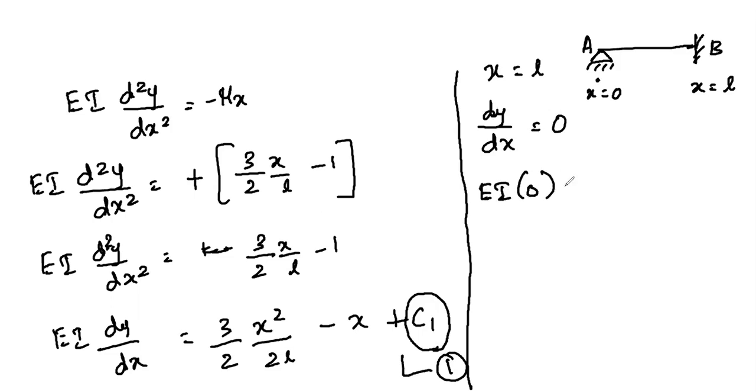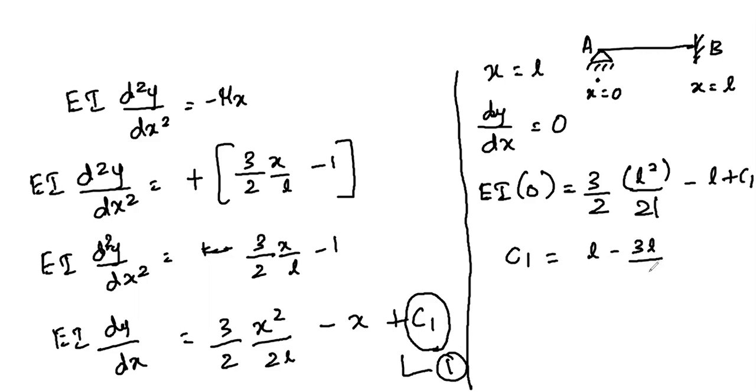EI into 0 equal to 3 by 2L into L square divided by 2L minus L plus C1. So what happens to C1? C1 will be equal to L minus 3L by 4. Then upon simplification, C1 value will become L by 4.